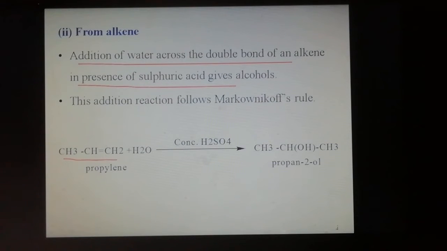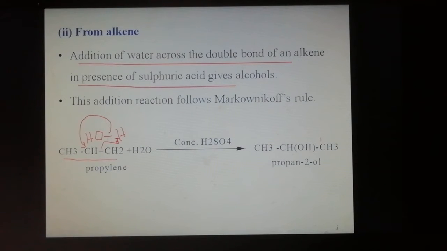Addition of water across the double bond of propylene in the presence of sulfuric acid gives alcohol. Water is H-OH. The OH part adds to one end and the hydrogen part adds to the other end, to form the alcohol CH3CHOHCH3, propan-2-ol.